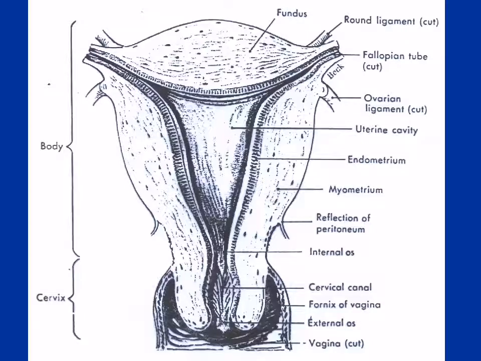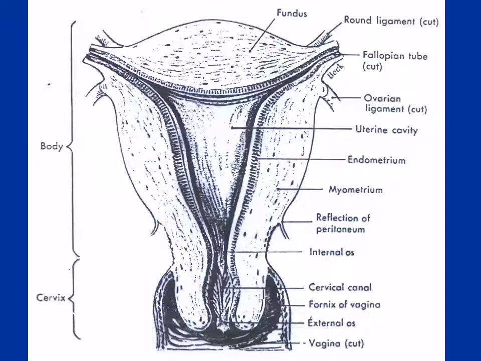Here is a diagrammatic presentation of the uterus indicating the body and the cervix. You see here the body consists of the fundus and the myometrium. Actually, the uterine thickness is composed of endometrium, myometrium, and the serosa.